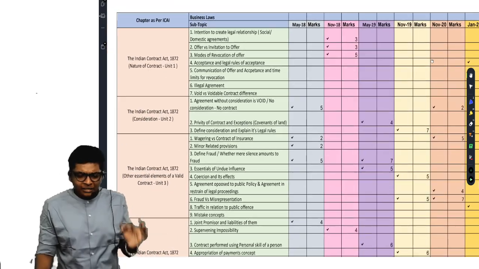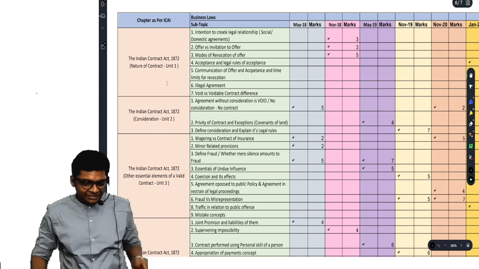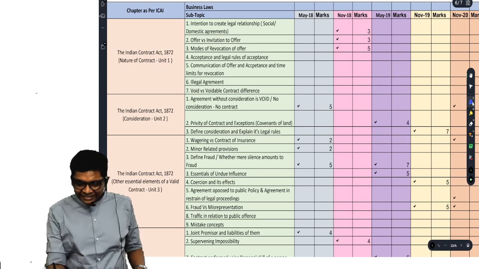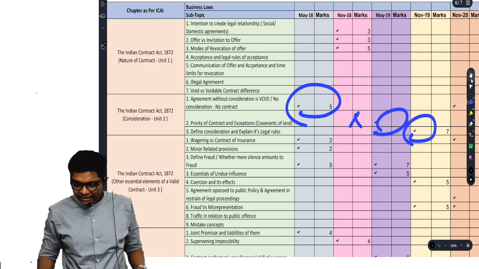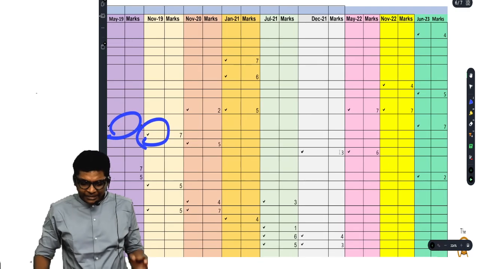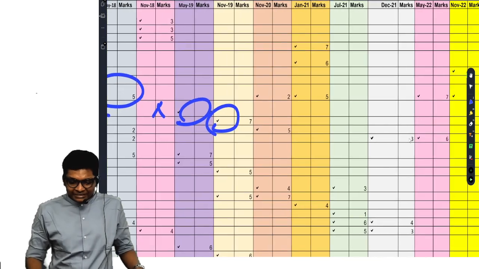Now let's go to the last 8 attempts, right from May 2018 until June 2023. I've taken all the attempt question papers chapter wise. This is not an ordinary analysis, guys. Look at the consideration chapter. It always gets tested. Tested here, not tested, tested, tested. And if I keep going, every attempt it gets tested. There has never been a big gap in this chapter except this time.